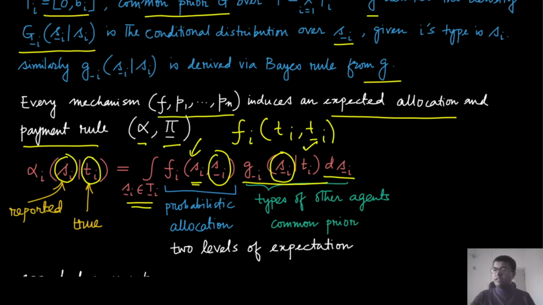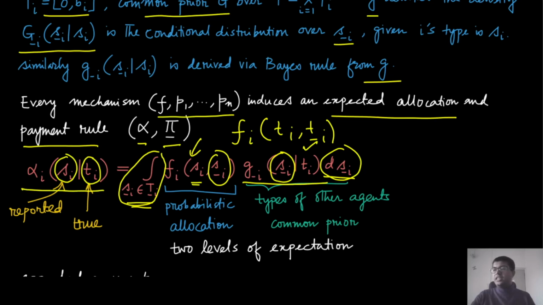Note that even though we have used a shorthand, this integral is essentially a multiple integral. For all s minus i's, there will be one integral, and similarly you can expand this d s minus i with respect to the valuations of those players. So now this is the expected allocation rule.